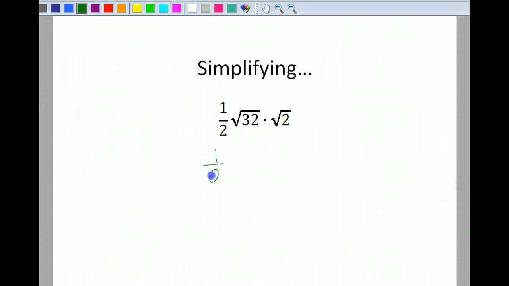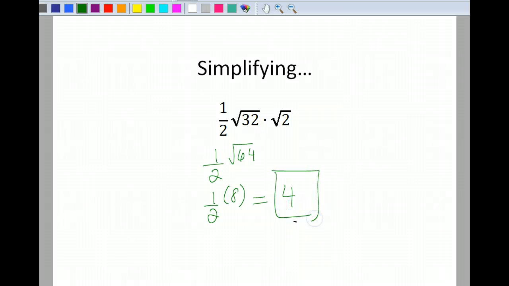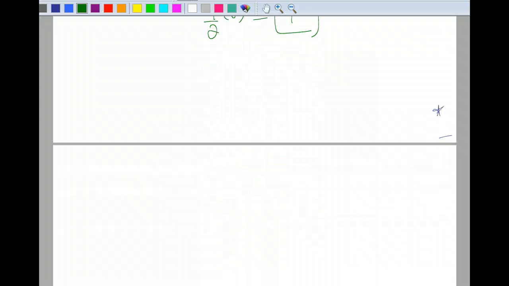So I've got 1/2 times the square root of 64. What's the square root of 64? 8. What's 1/2 times 8? That's right. It's 4. So these work like just little puzzles. And that's it.